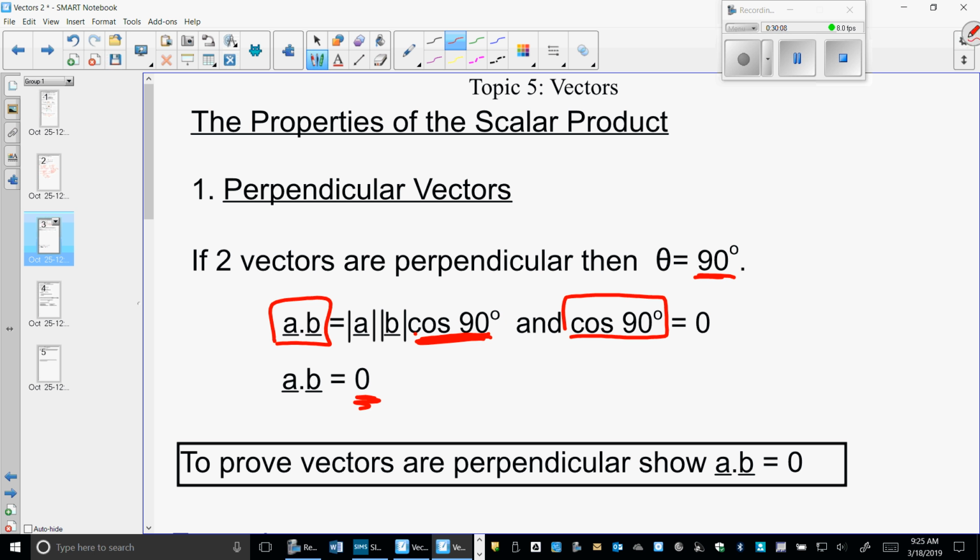Because if this is 0, it doesn't matter what these lengths are, the whole thing is going to be 0.